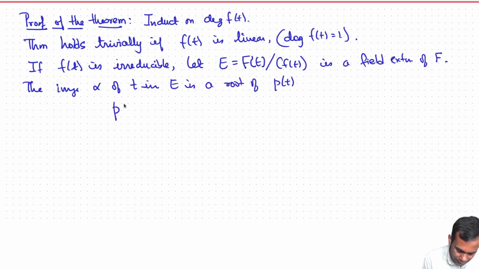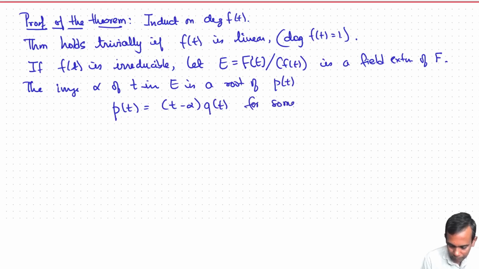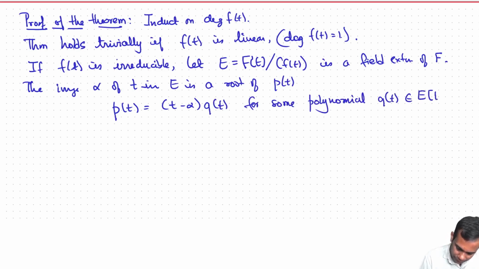That means that f(t) can be written as t minus alpha times q(t) for some polynomial q(t) in E[t]. Now we are working over E because this root is in E.